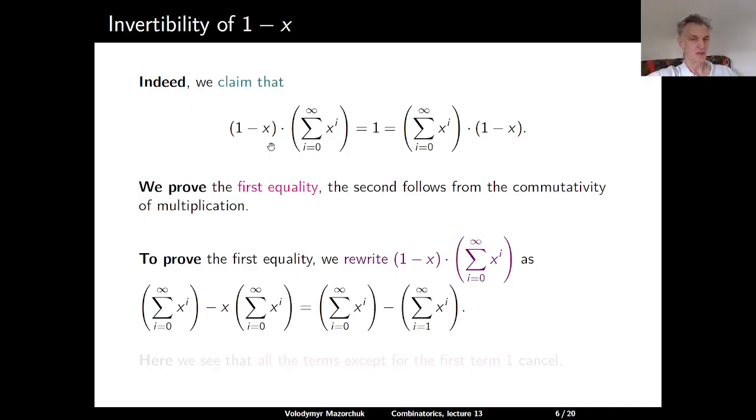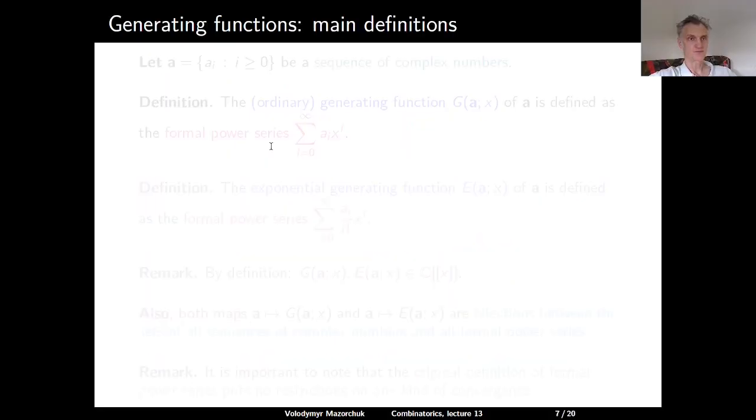So the first summand remains as it is, and when we multiply with x, our index i can be simply shifted by 1. So we get the sum over i from 0 to infinity of x to the power i minus the sum over i from 1 to infinity of x to the power i. And here we see that everything will cancel apart from the first term in the first summand, which gives us 1. And this completes the proof.